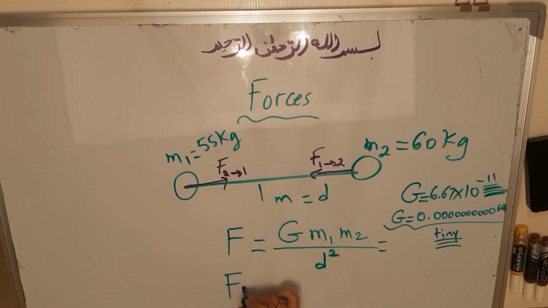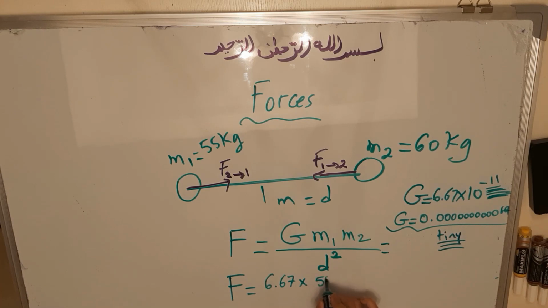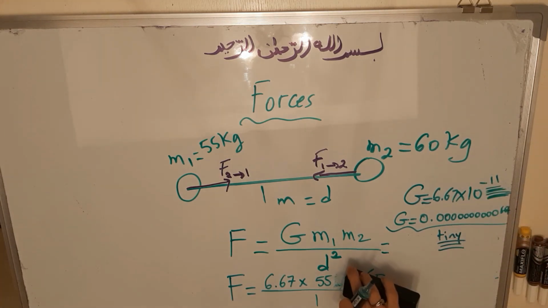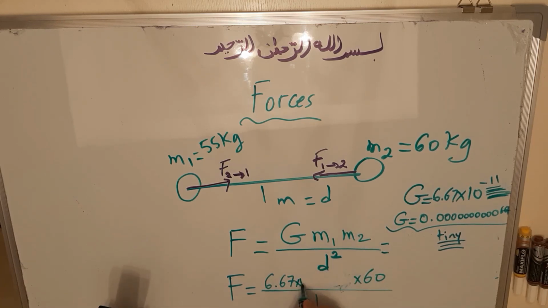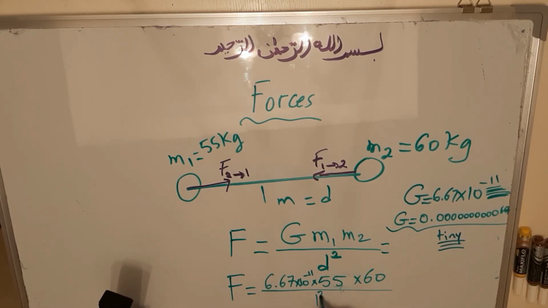So F here is 6.67 times M1, 55 kilograms, times M2, which is 60, and then over 1 squared. What am I forgetting here? Did you catch the mistake? I forgot the 10 to the negative 11, and that is of crucial importance. That's the whole story. So 10 to the negative 11, times 55 times 60, over 1 squared.